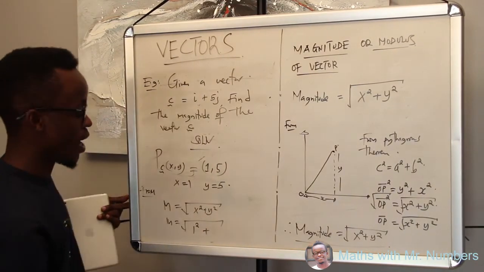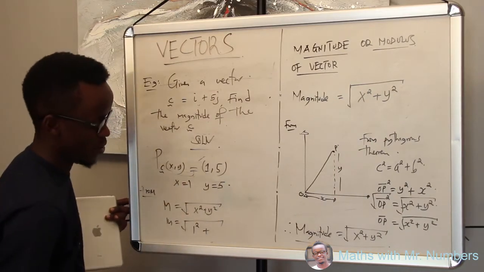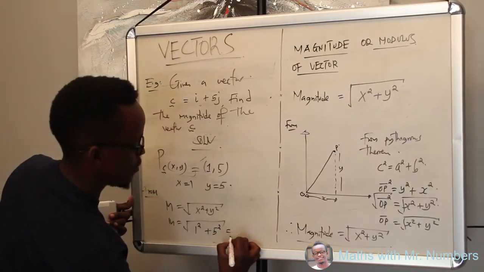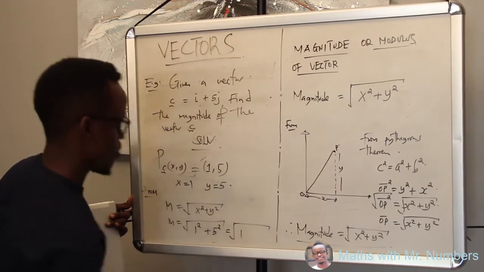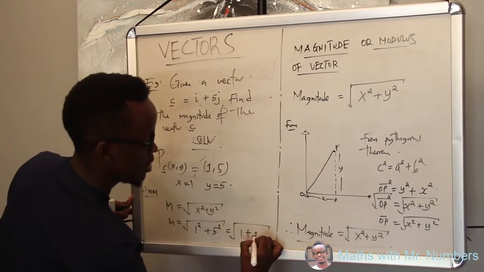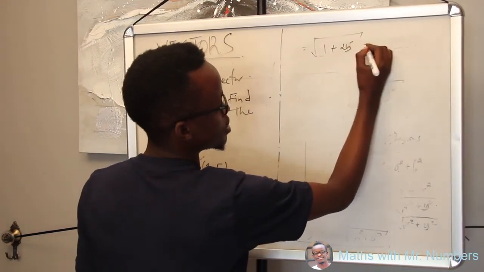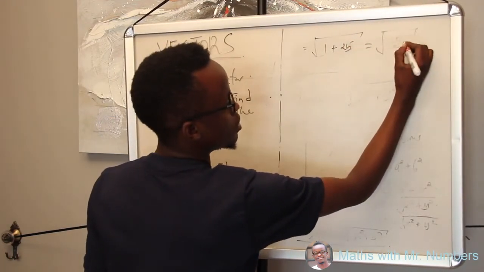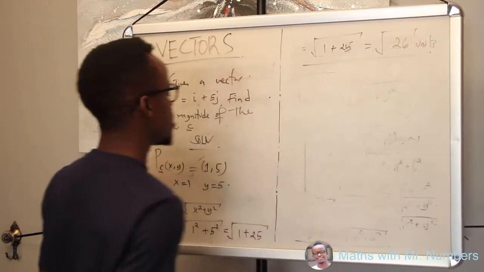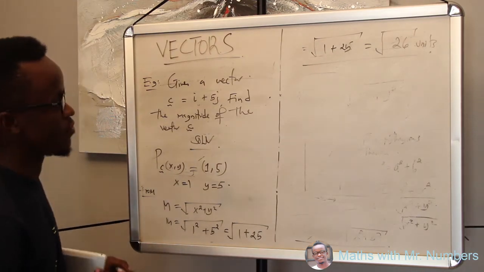Having y equal to 5, you substitute it, so you have 5 squared. 1 square is 1, and 5 square is 25. Therefore you have the square root of 26 units. This is how to find the magnitude or modulus of vectors.